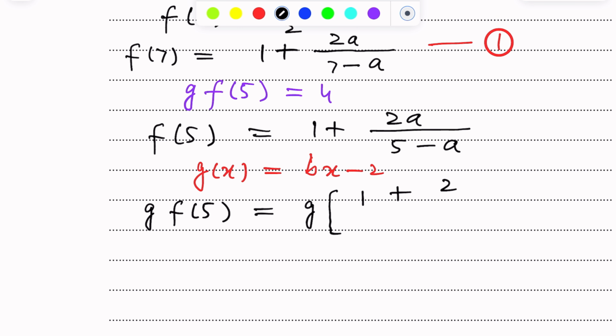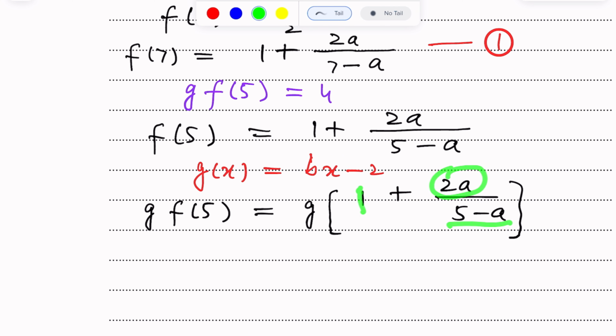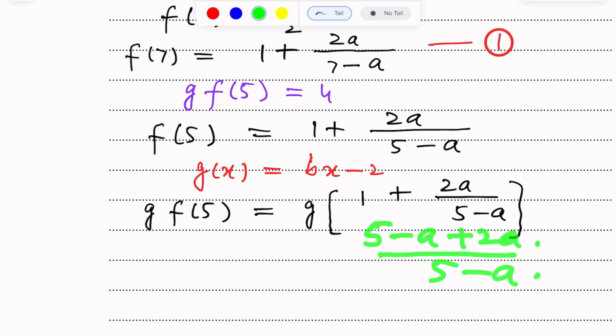By taking LCM 5 minus a, 5 minus a plus 2a, after simplifying, we get this.